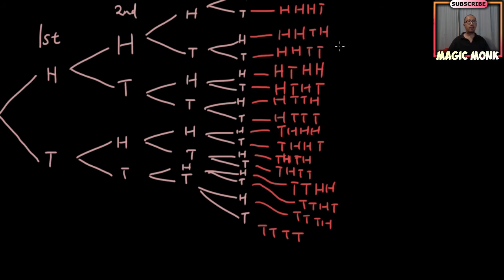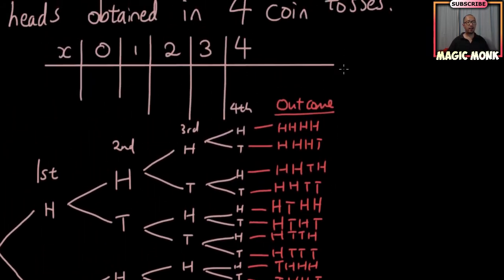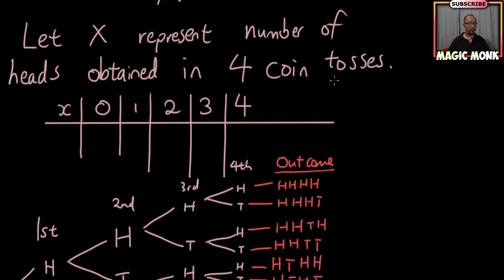Okay, so what we're going to do now is fill out this probability table. We're going to write in the table the probability of X being equal to the number above.